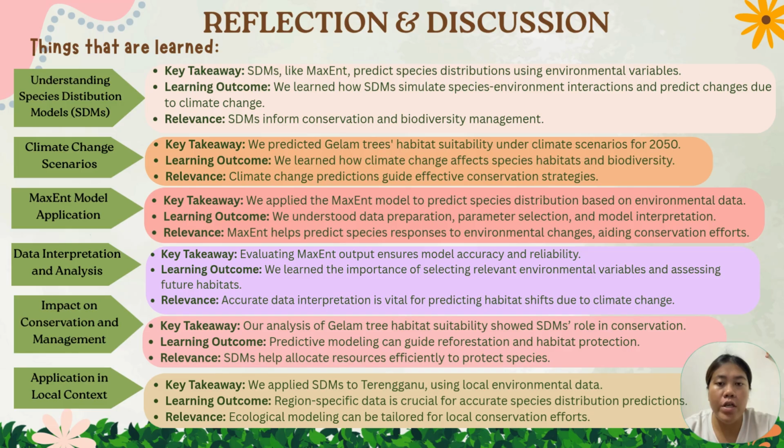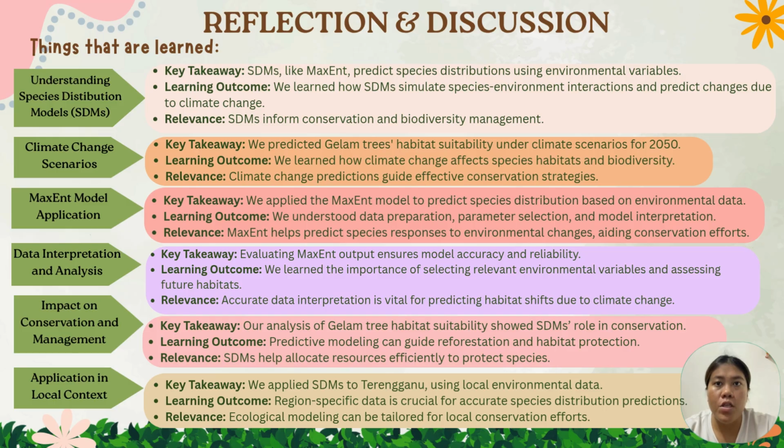Third, MaxEnt model application. We use the MaxEnt model to predict species distribution based on data. This taught us how to prepare data, select parameters, and interpret results, allowing us to understand how species respond to environmental change and helping prioritize conservation efforts.